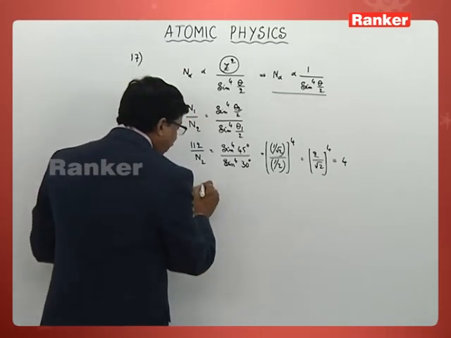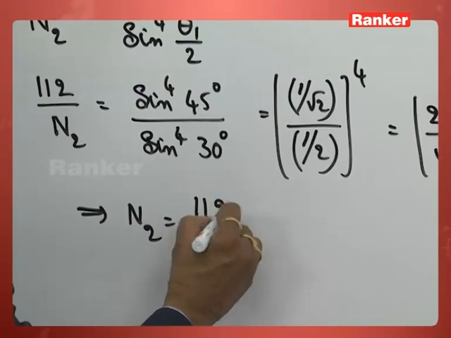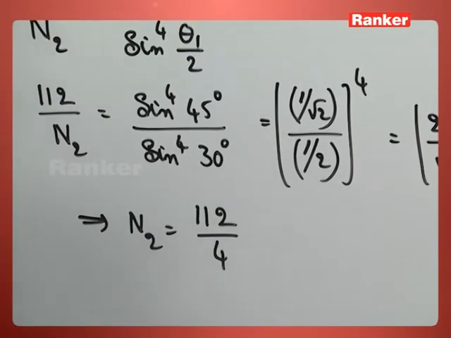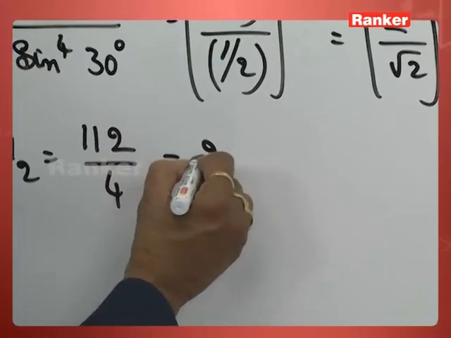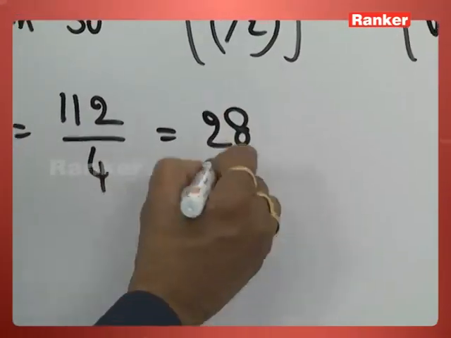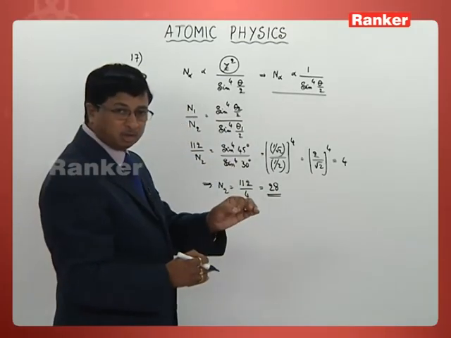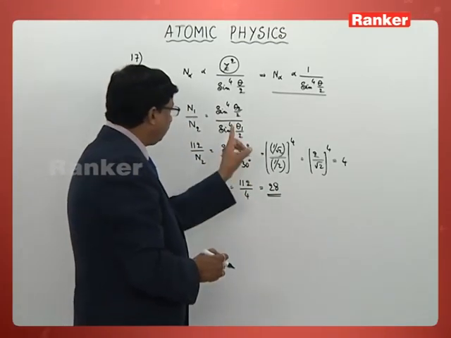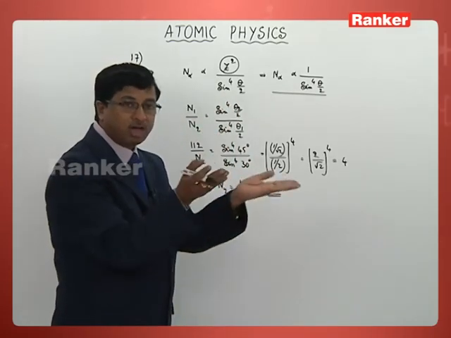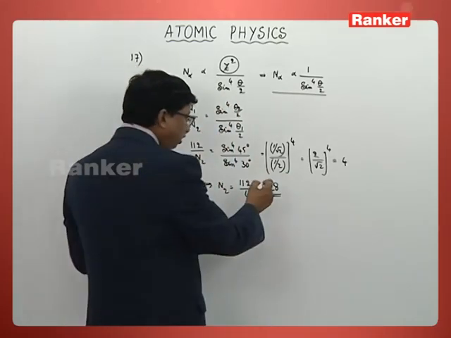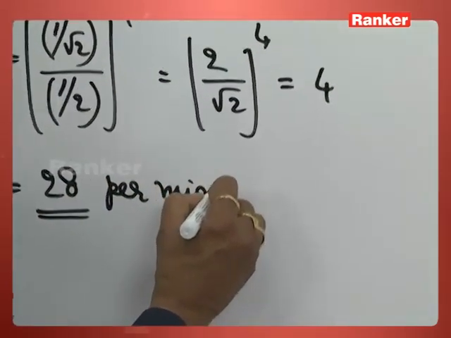So what is the value of N2, the question? N2 now becomes 112 by 4. Exactly you will be getting 28 alpha particles per minute at this angle 90 degrees that the nucleus scatters them.